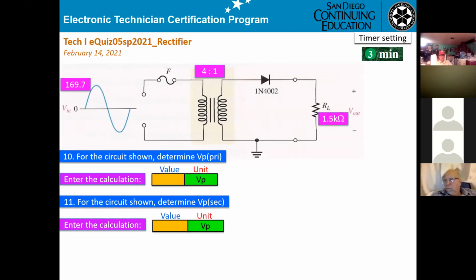And if you want to be precise, you can apply the formula. It's not clear whether the 169.7 is the peak value or the RMS value. The peak of primary is 169.7. If you want peak to peak, it has to be multiplied by 2.